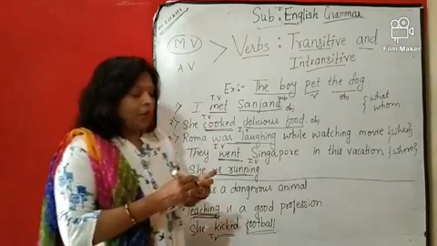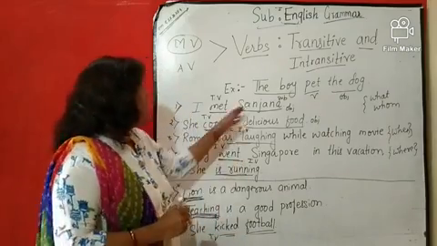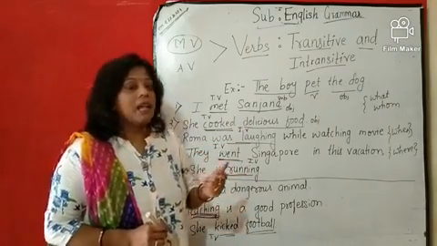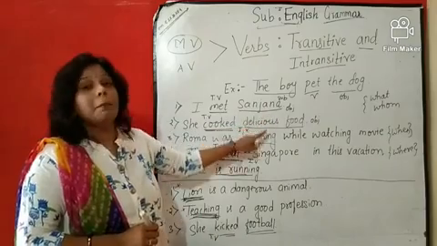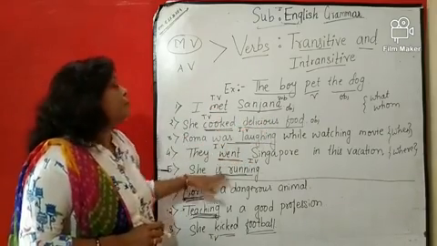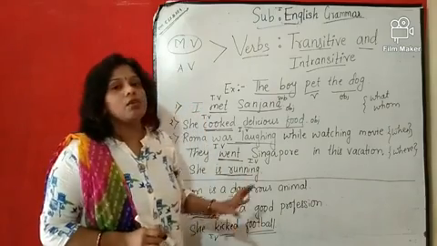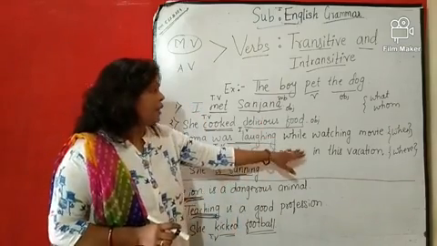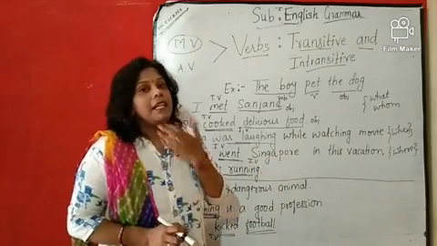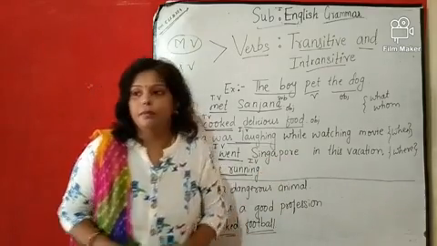So whenever we ask a question to the sentence, what and whom, and if we are getting the answer which is in the object place, then the verb is going to be called the transitive verb. Or else, if we are not going to get the object, then it is called the intransitive verb.